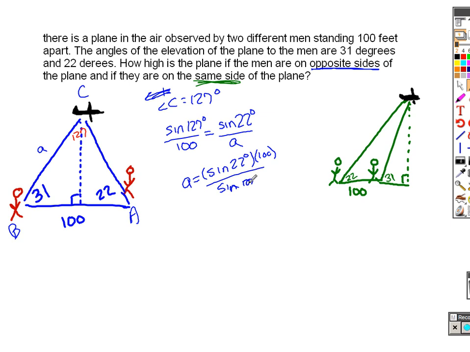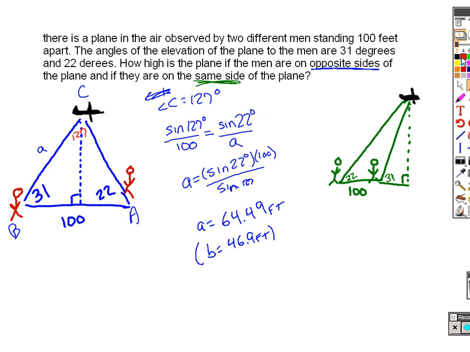So when I do that, I should plug that into my calculator and get that side A is going to be equal to 64.49 feet. If I went the other way, if I wanted to find side B first, it really doesn't matter. I'll let you know the answer though. It would have been that B was equal to 46.9. Doesn't matter which one you do, but just so you have that option.